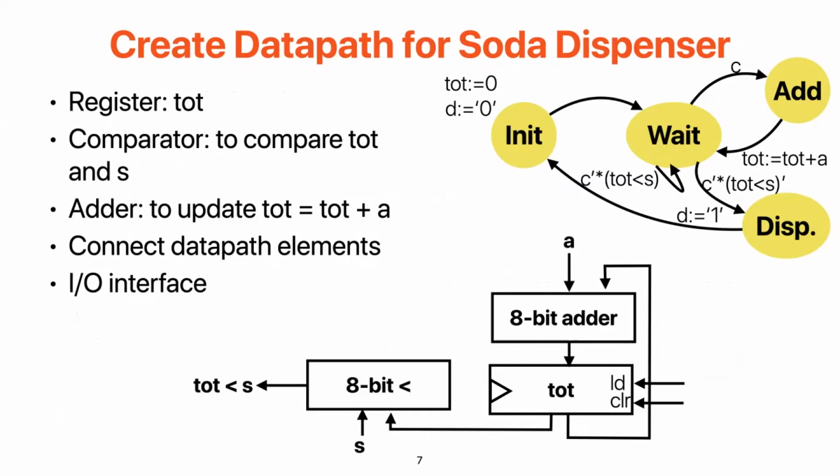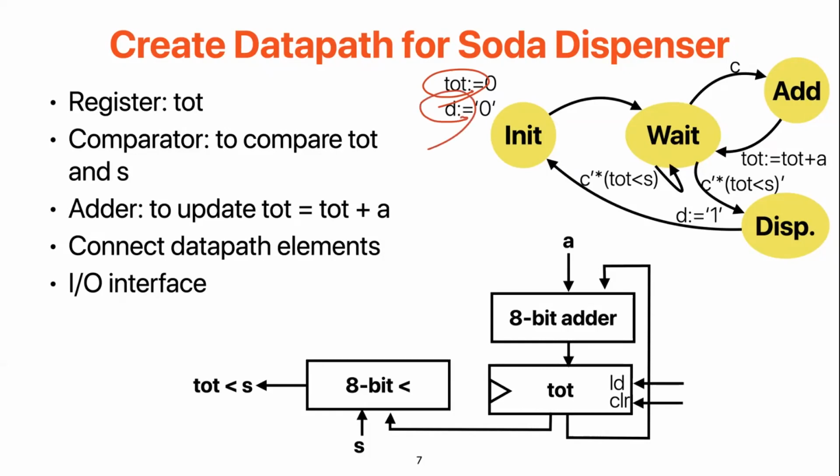When the machine receives that, it judges if you have put a sufficient amount of money inside to see if we can dispense the stuff we want. So the high-level idea is that, first of all, you need a total register to tell you the total amount of money that you put into the machine, and whether we can dispense the stuff you want.